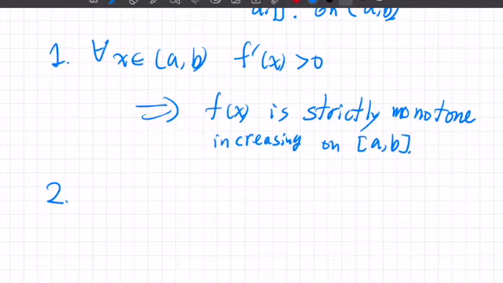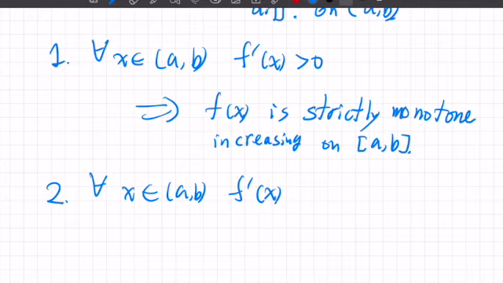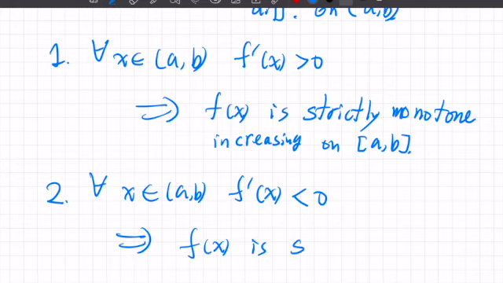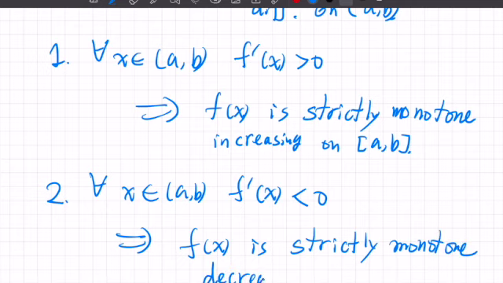And similar to this, if for all x in this interval between a and b, f prime of x is less than 0, then f of x is strictly monotone decreasing on the closed interval.